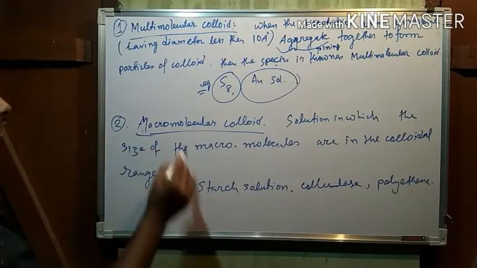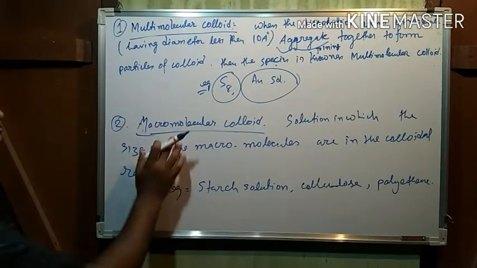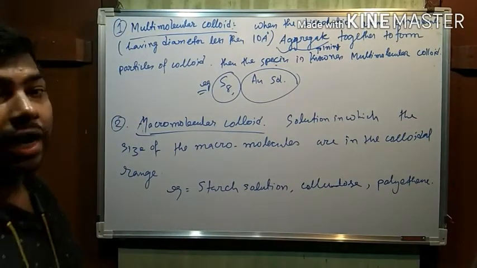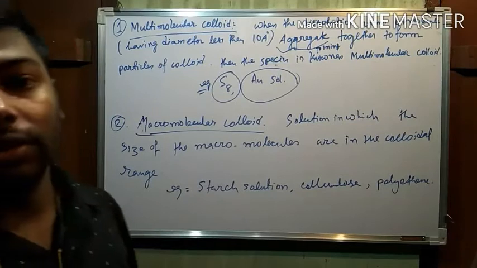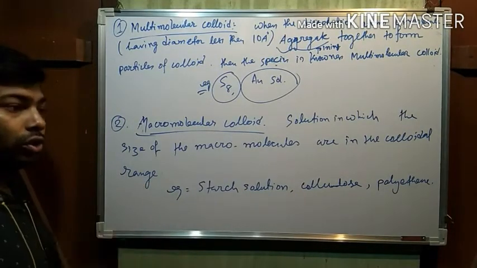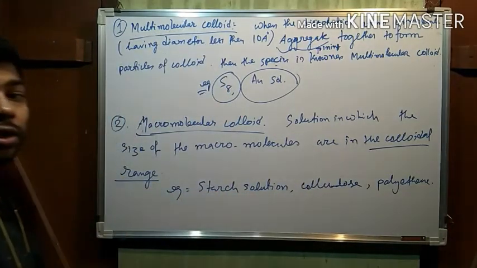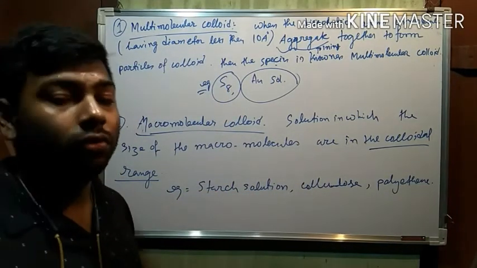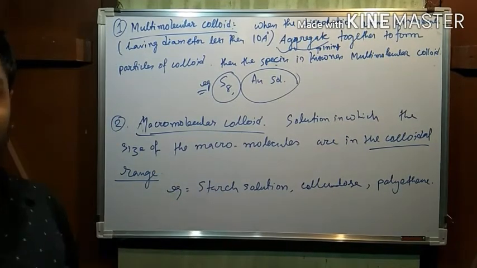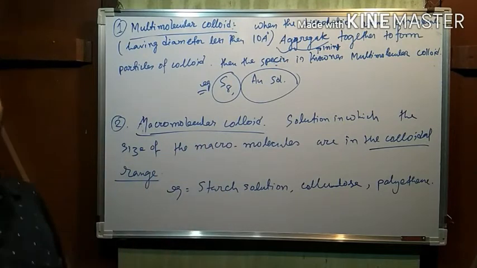Next one is the macromolecular colloid. Macro means bigger. It is a solution in which the size of the macromolecules is in the colloidal range. Remember this: the size of the particles in any solution should be in the colloidal range to be called a colloidal solution. If so, then this solution is said to be a macromolecular colloid.